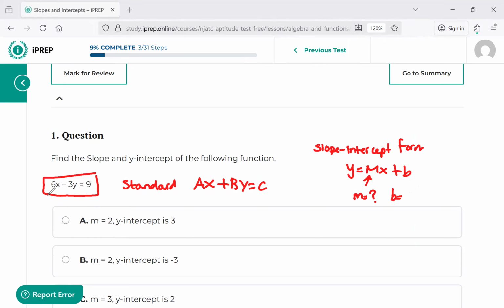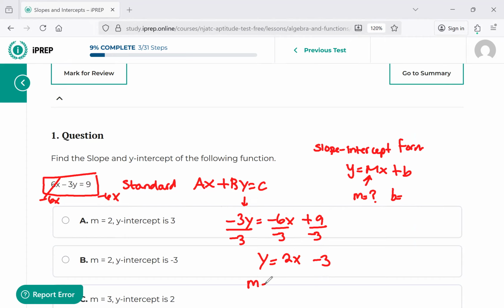First, to get y by itself, I'm going to subtract 6x, and you get negative 3y equals negative 6x plus 9. Then you're going to solve for y, so you get rid of this negative 3 by dividing everything by negative 3. Negative 6 divided by negative 3 is positive 2x. 9 divided by negative 3 is negative 3.